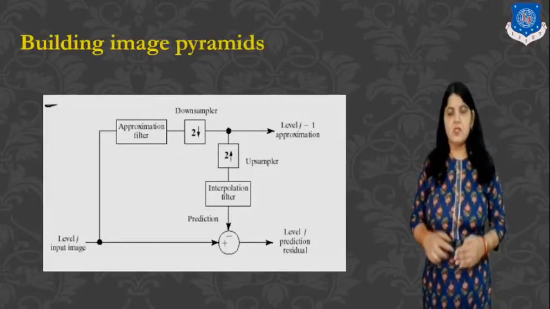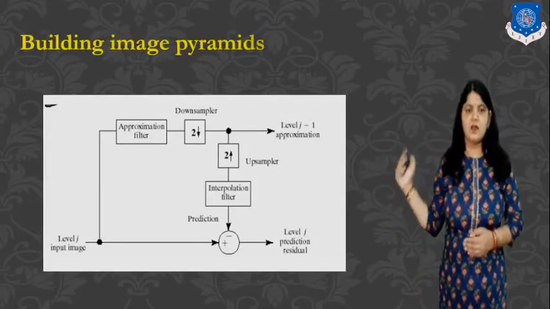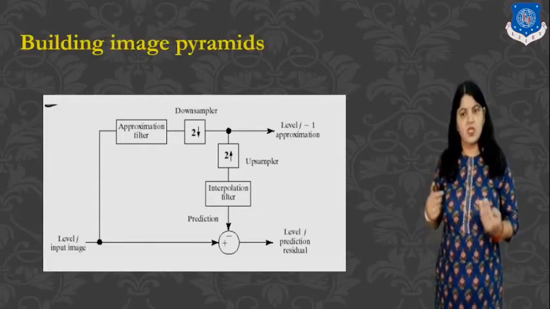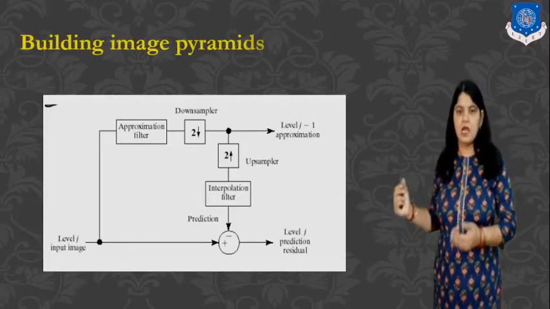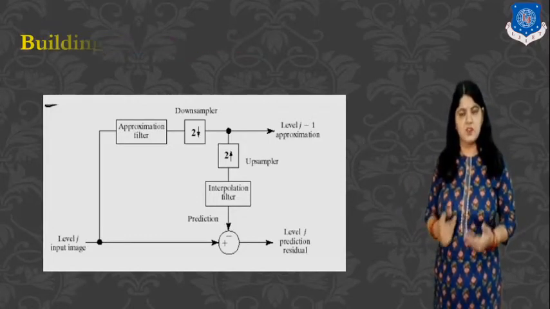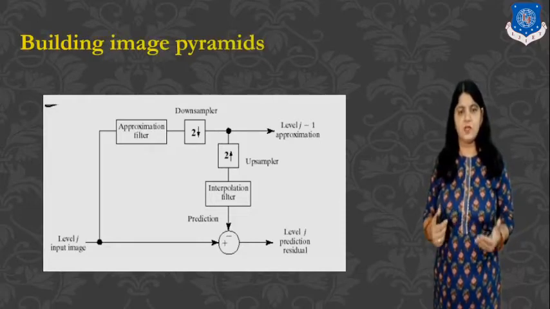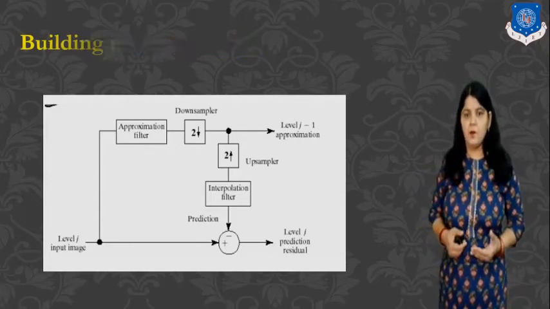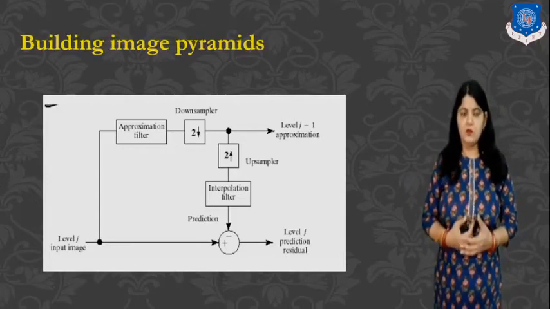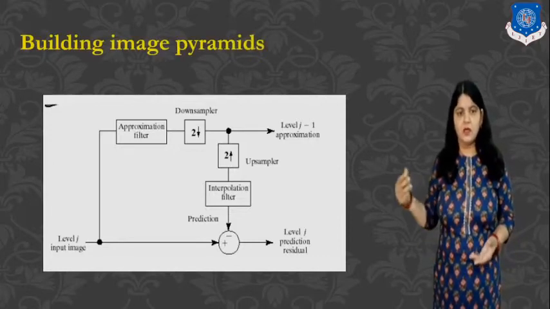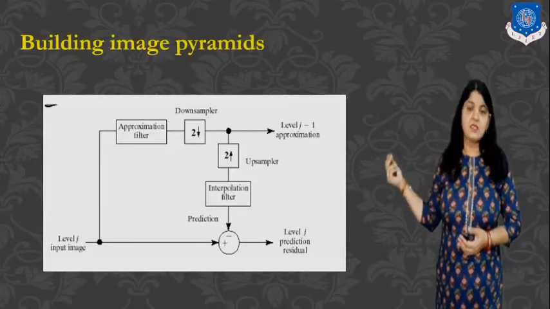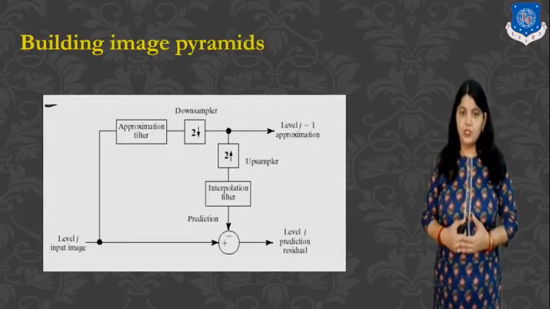Now how do we build the image pyramid? Here we can see the structure. In it you can see the level J input image. The input image elements are the input. Now the approximation filter will find the approximate value of the pixels. Then, to reduce the resolution, a downsampler by a factor of 2 is used.